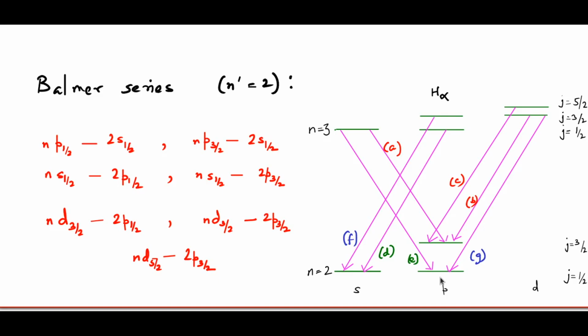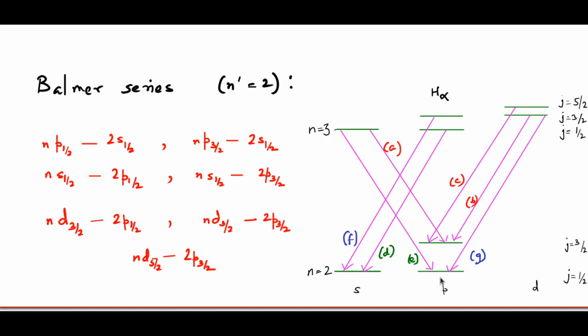So what we expect here is that despite the fact that there are 7 transitions, we should be able to see 5 distinct lines only in the fine structure. And if you use a high resolution spectrometer, that is exactly what you see. So this was a huge vindication of using relativity in quantum mechanics, which allowed us to explain clearly the fact that the single lines in the hydrogen spectrum were not really single lines. They had fine structure. They were really several lines.